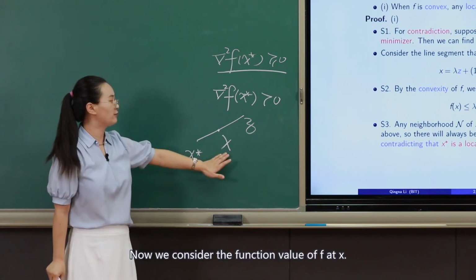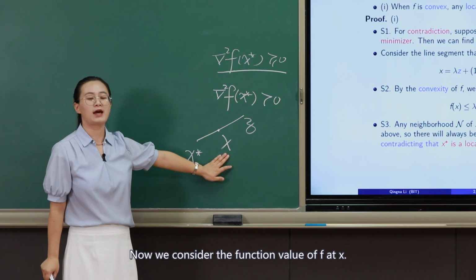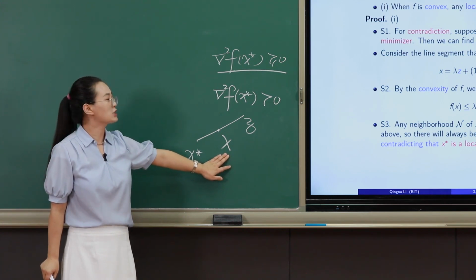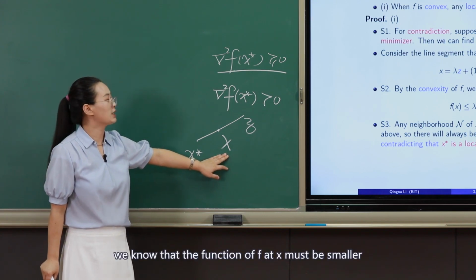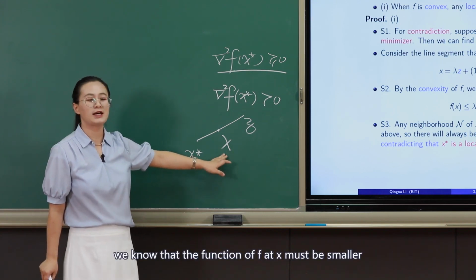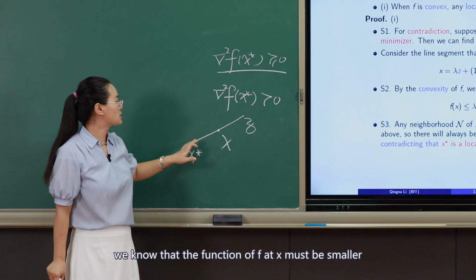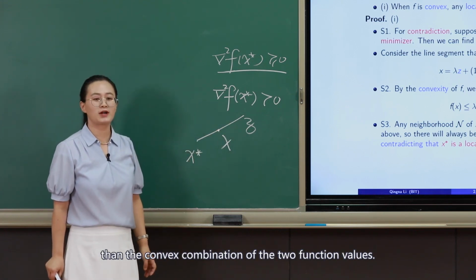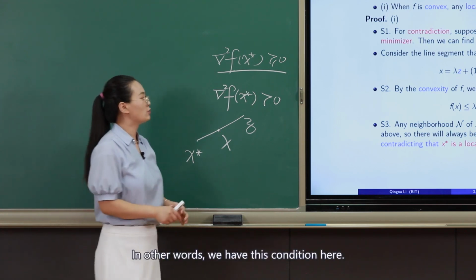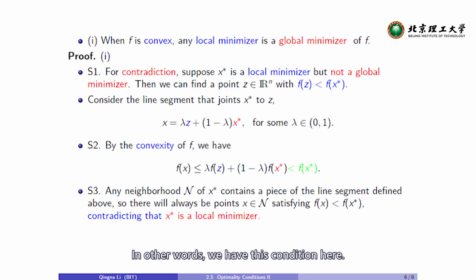Now we consider the function value of f at x. By the convexity of f, we know that the function value of f at x must be smaller than or equal to the convex combination of the 2 function values. In other words, we have this condition here.